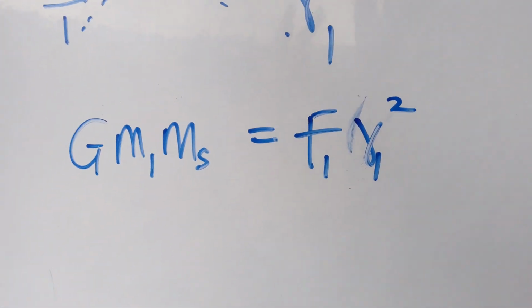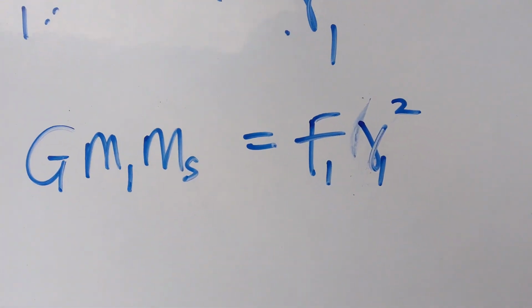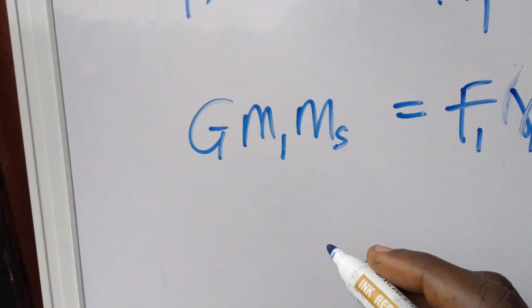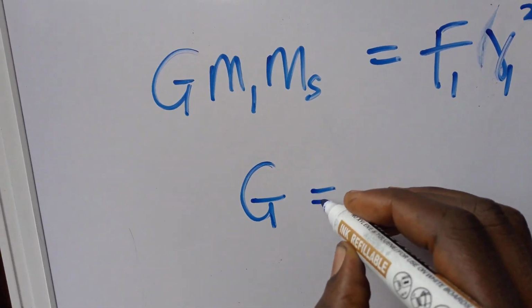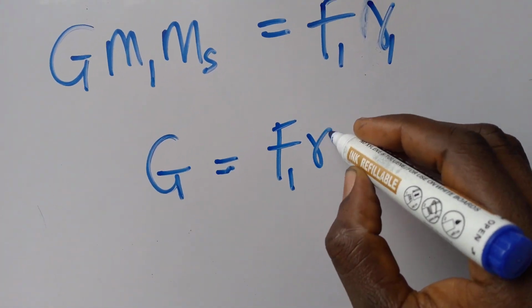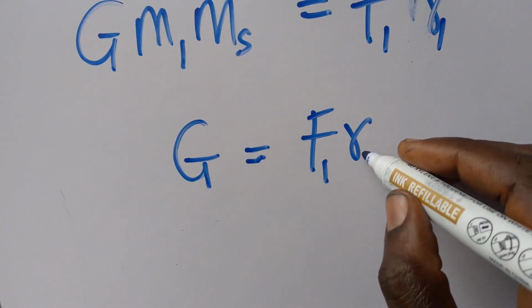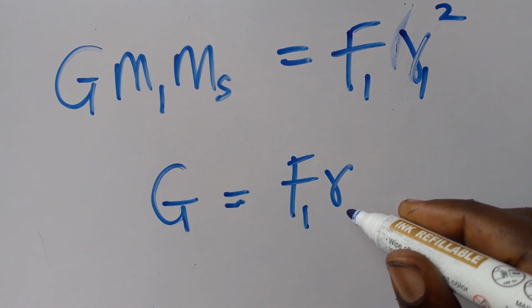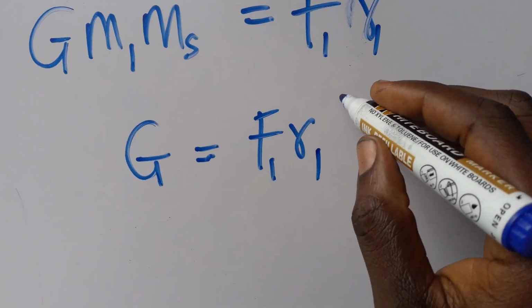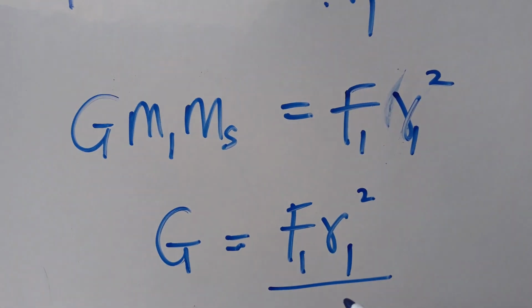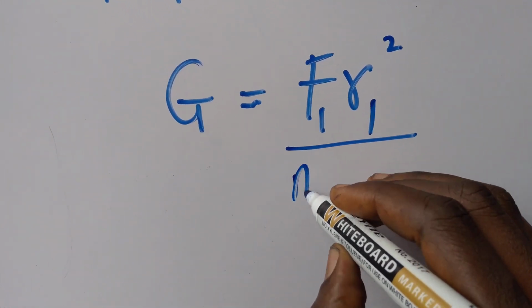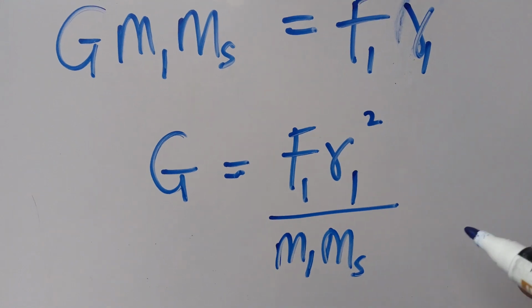If I then make G the subject of the formula, G will be equal to F1 r1 square all over m1 ms.